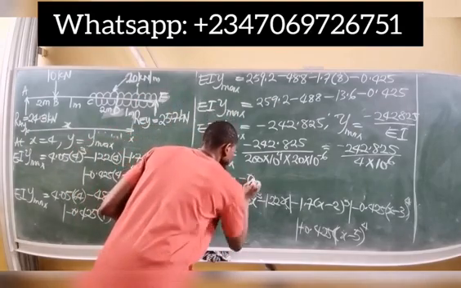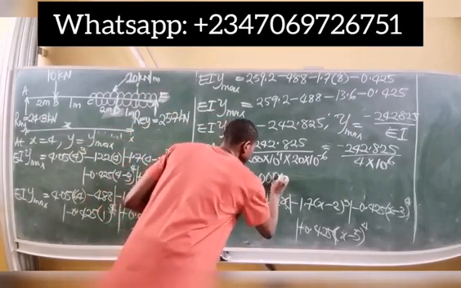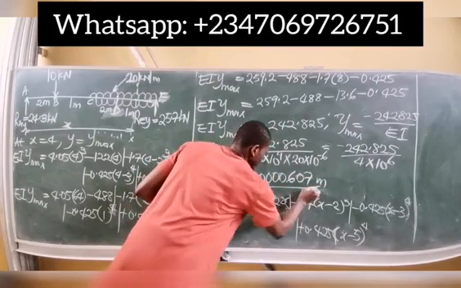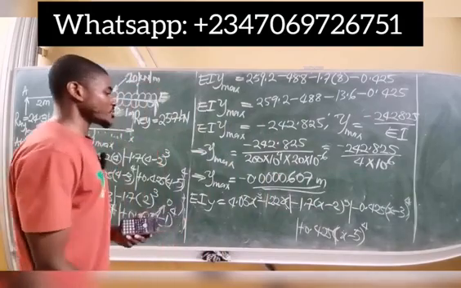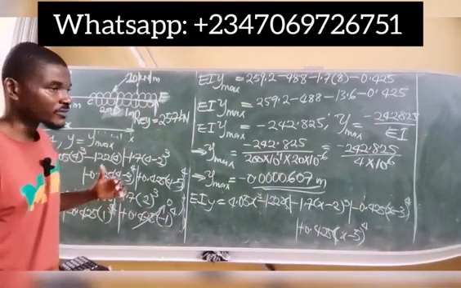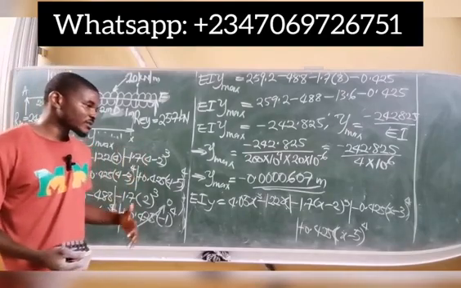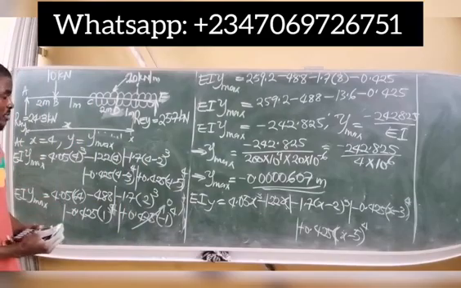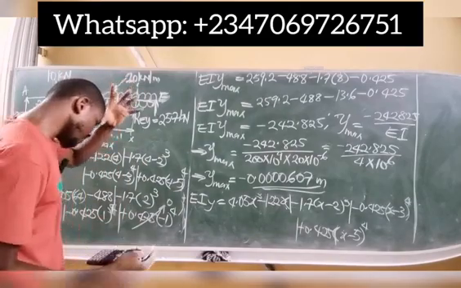That's minus 0.0000607 in meters. So this becomes the value for the maximum deflection. And once again, that value is negative because the deflection is tilting downwards. So that gives us the value for the maximum deflection.